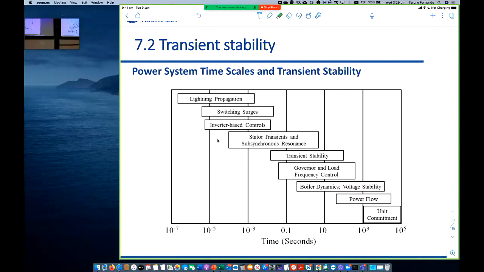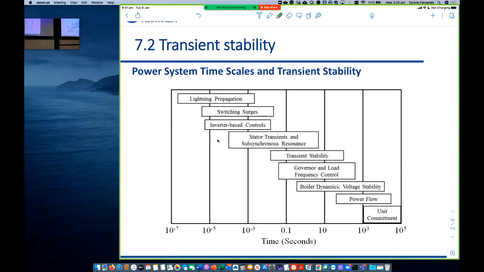Transient stability, something like 0.1 of a second to about 10 seconds. So when loads change, if the system is stable, then it will move from one operating point to another stable operating point within about 0.1 to 10 seconds. That's the time scale we are looking at.